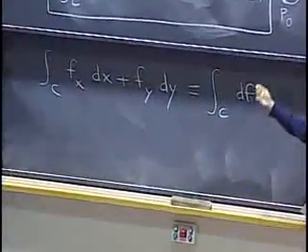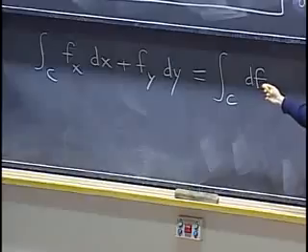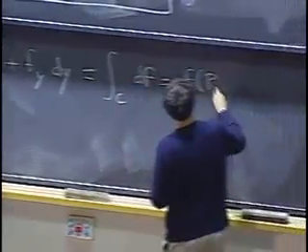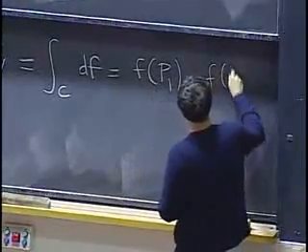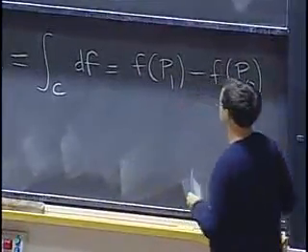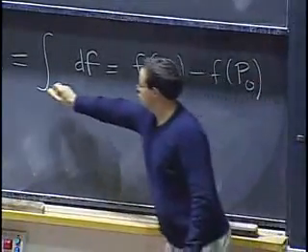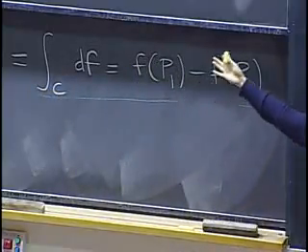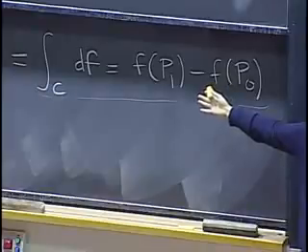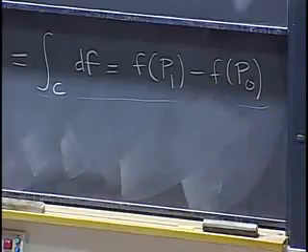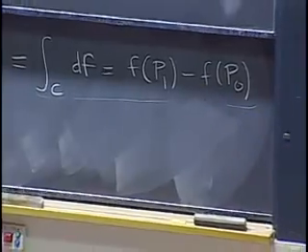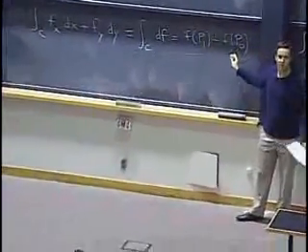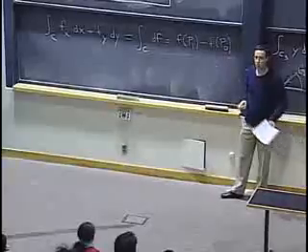So I'm integrating the differential of a function f. Well, then that's the change in f. And of course, if you write it in this form, then probably it's quite obvious to you that this should be true. I mean, in this form, it's the same statement as in single variable calculus. Okay?